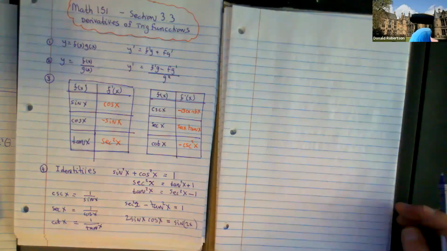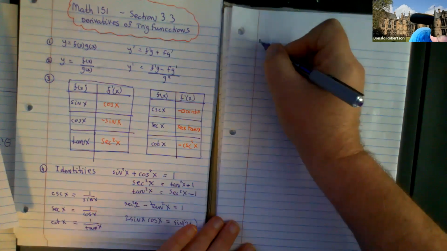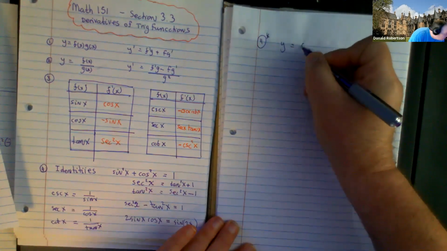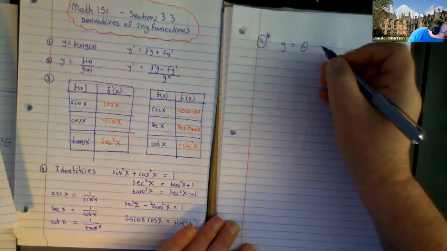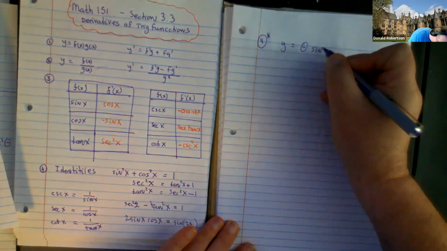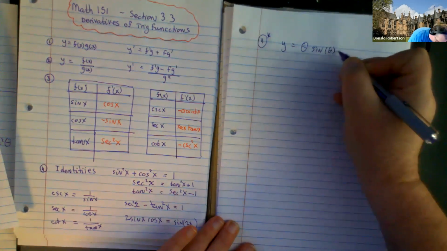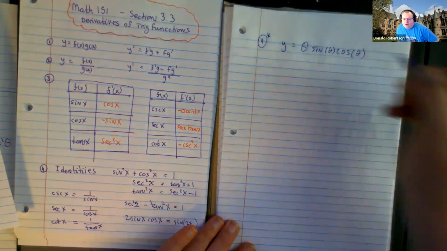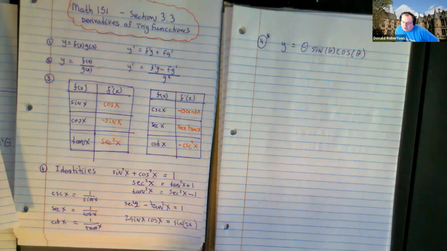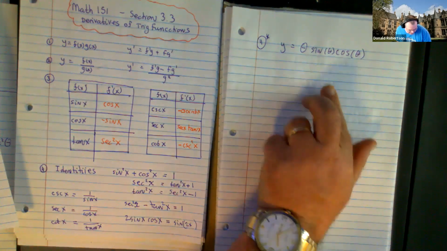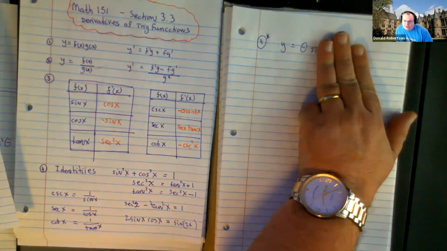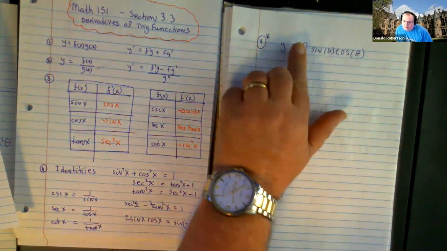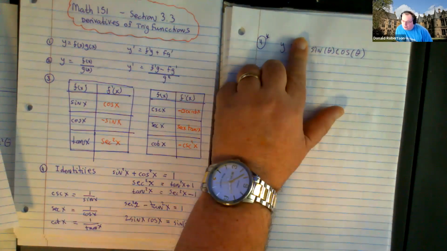So this one falls into a special category. How do I differentiate something like this? There are really two strategies. I could make theta one function and then make that one two functions and do a product rule.